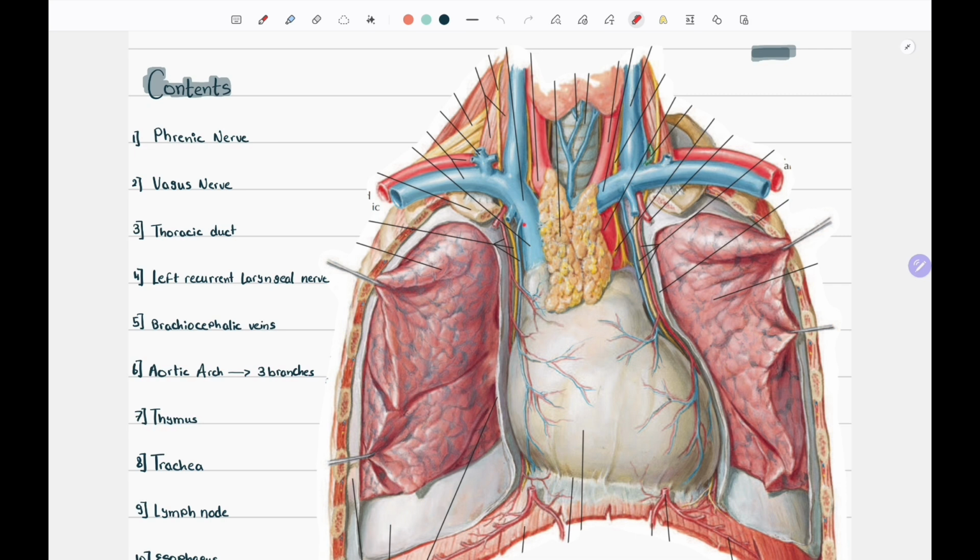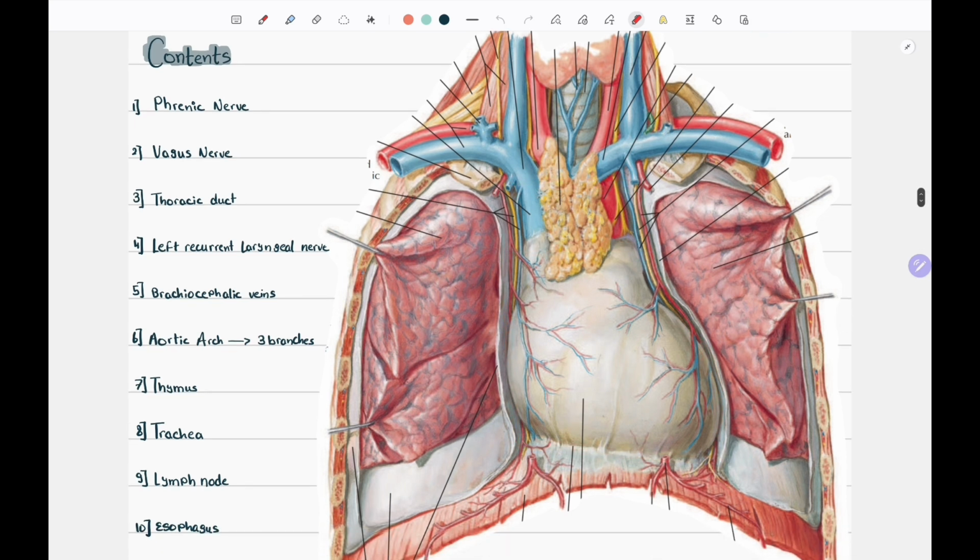As I have told you, this space is divided into two. This is our superior mediastinum and the rest is our inferior mediastinum. The contents which fall in the superior mediastinum are listed here.